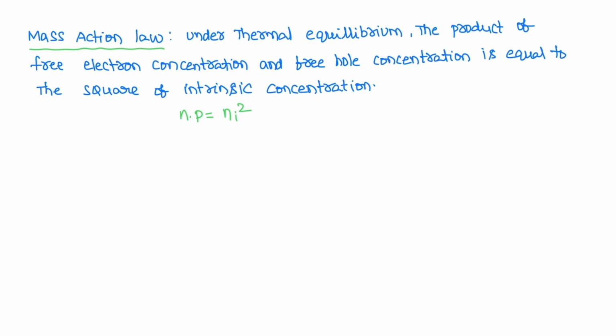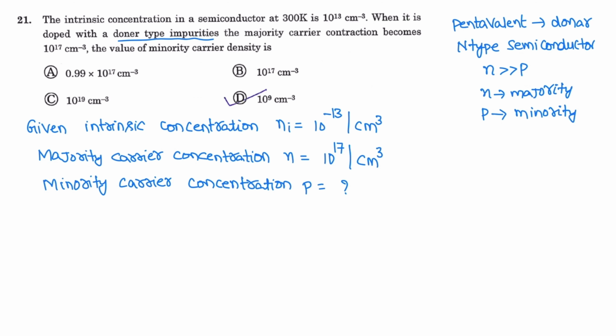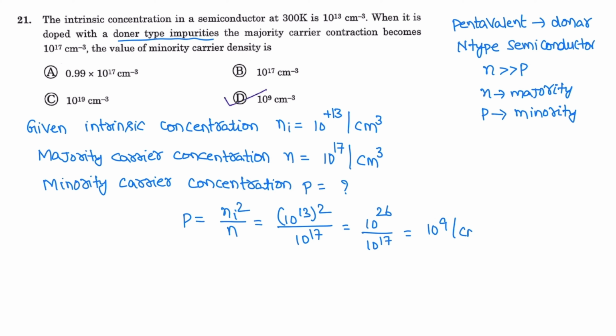So now apply this formula here, that is p is approximately equal to ni square by n, that is ni square, it is 10 power 13 whole square by 10 power 17. So 10 power 13 whole square is 10 power 26 by 10 power 17. So its value is 10 power 9 per centimeter cube. Therefore, hole concentration is 10 power 9 per centimeter cube. Correct option is D. Next question.